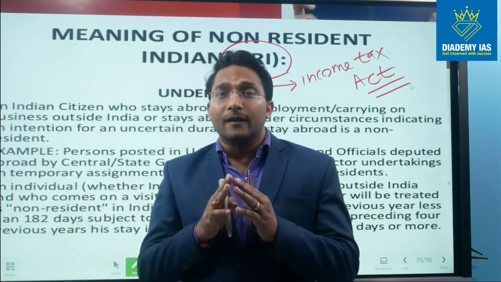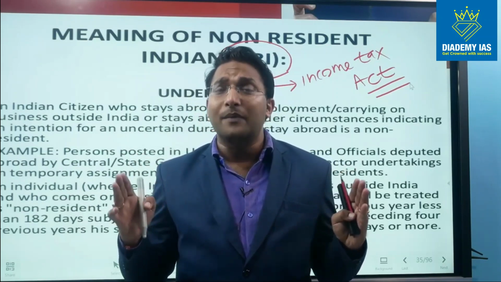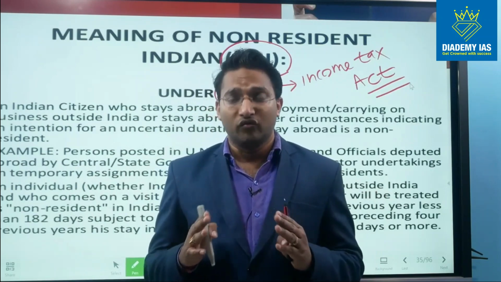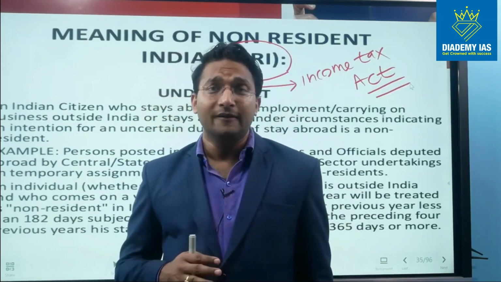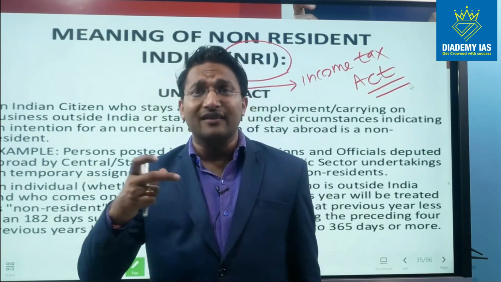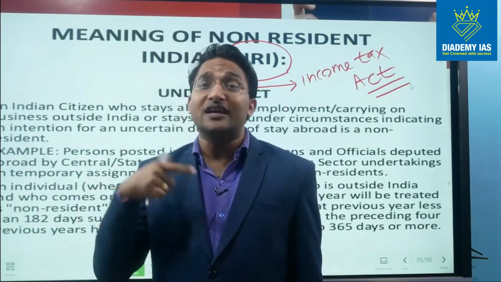So we do not charge income tax on 100% of their income, right? There are only certain transactions which they do with India on which we charge the income tax.